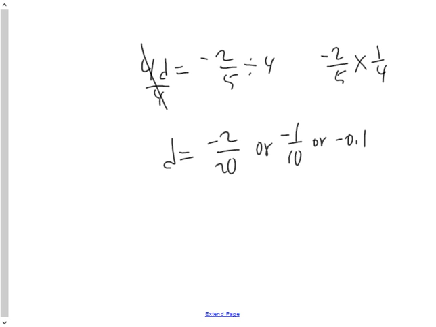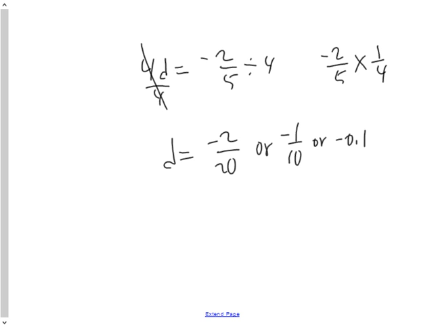So just to show you that as long as you maintain the basic law of algebra, that whatever you do to one side of an algebraic equation you do to the other, you will always end up getting to the right place eventually. The two ways we could have done it are multiply both sides by 5 to get rid of the fractions, or divide both sides by 4 to get rid of the coefficient; both were equally solvable.